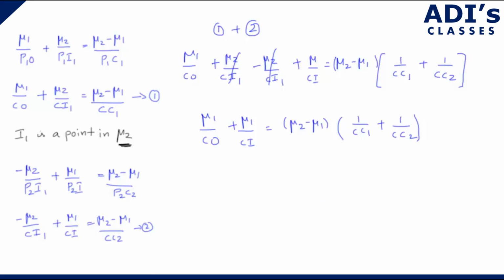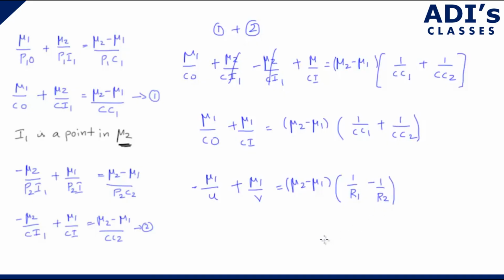Now once you apply the Cartesian sign conventions, remember CO is minus u, because it's in the opposite direction. So CO is minus u, CI is plus v, R1 is positive, R2 is negative, right? So if you apply that here, you get mu1 divided by minus u, plus mu1 divided by v, is equal to mu2 minus mu1 into 1 by R1 minus 1 by R2.